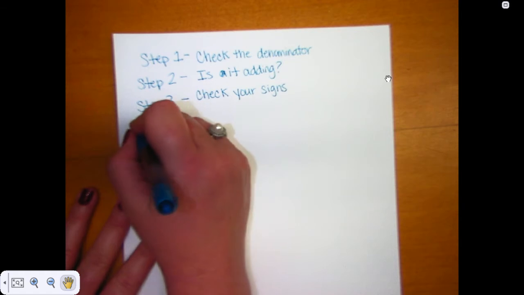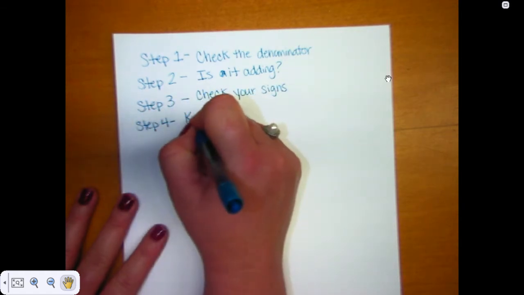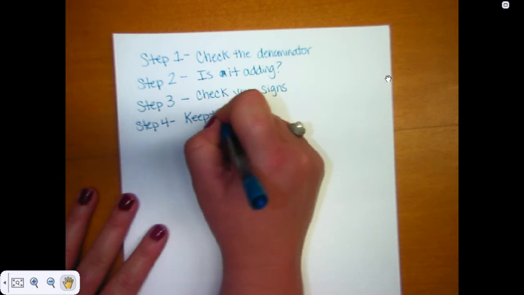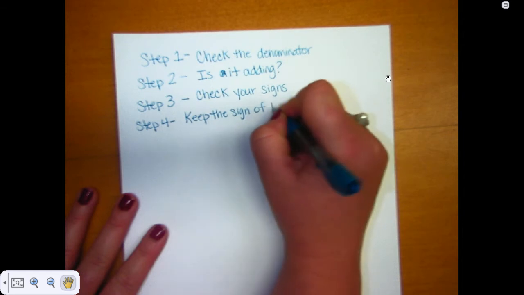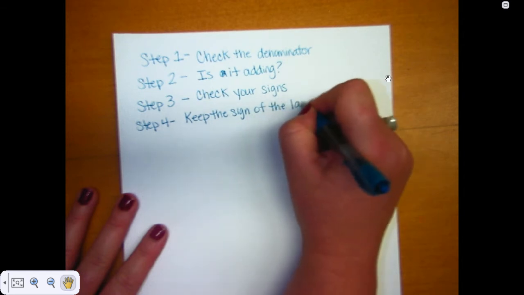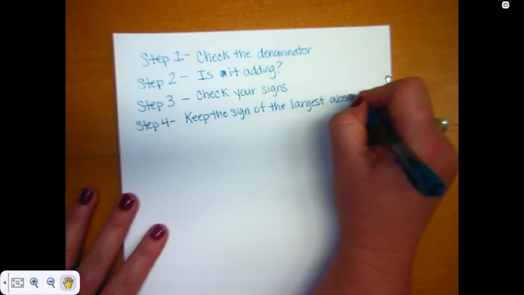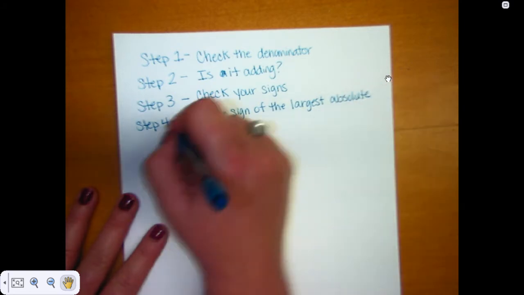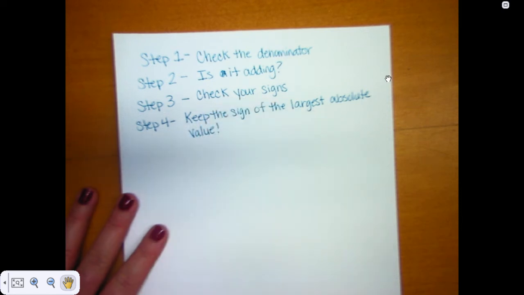And step 4, keep the sign of the largest absolute value. If you can follow these 4 steps, then you can get any of these correct. So let's try that out.